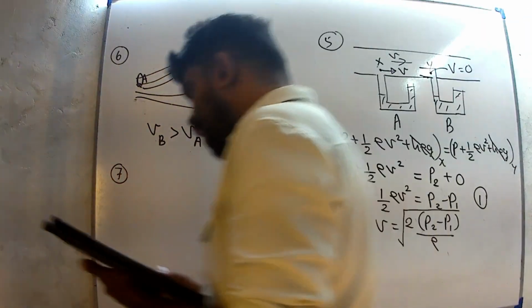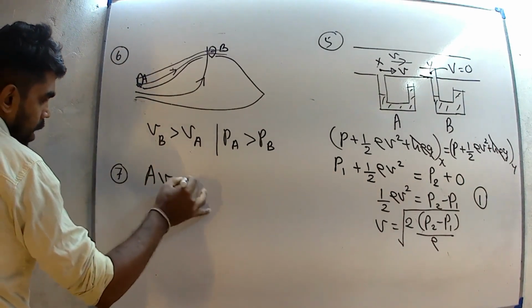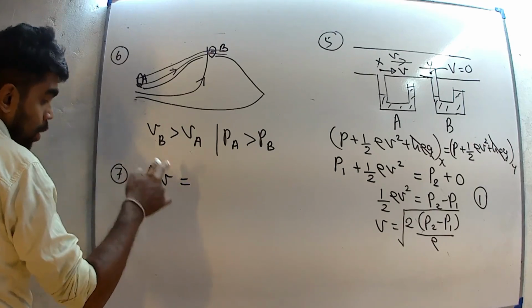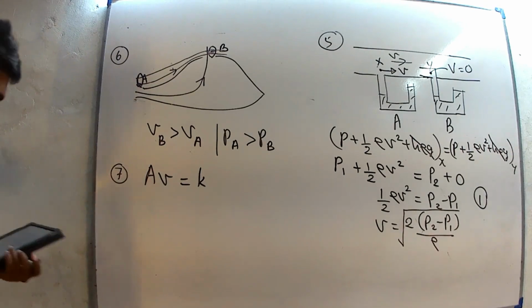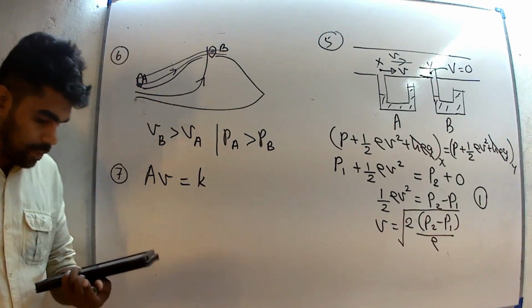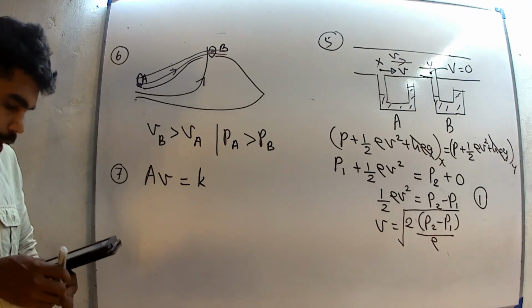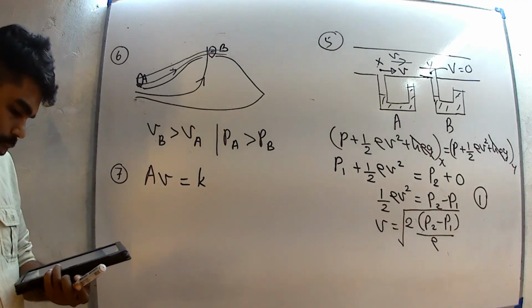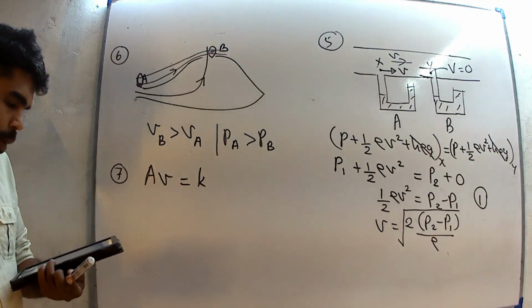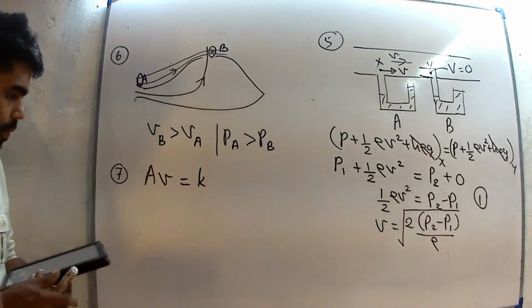Again we have to use AV: cross-sectional area times velocity should be constant for a steady flow. When comparing the given parts of the tube, the smallest cross-sectional area is for the C part.